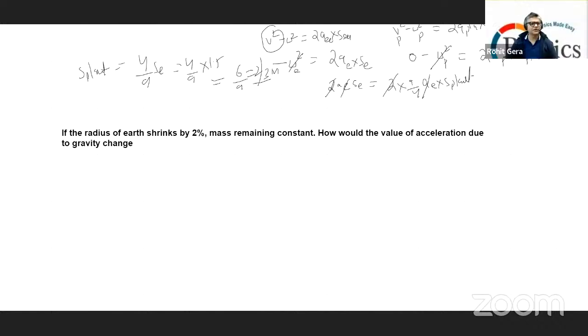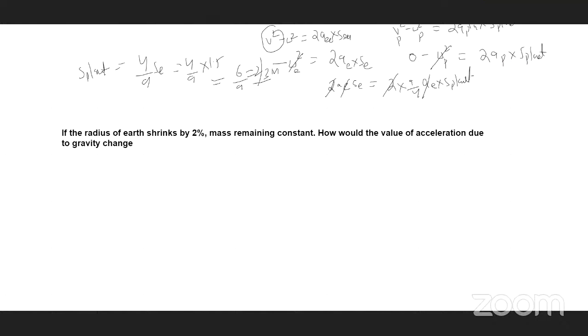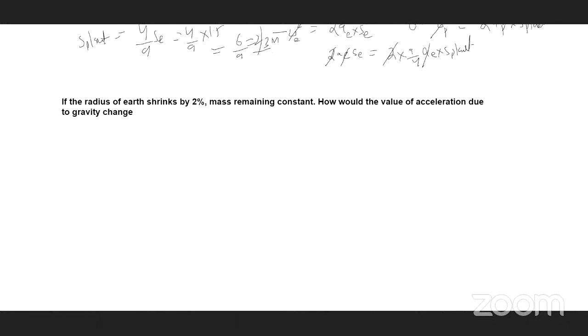So now the variable is radius. So you have to think how radius impacts gravity. How would the value of acceleration due to gravity change?